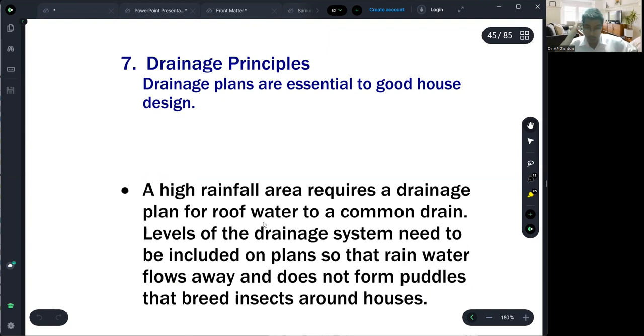It would create negative impact on the footings, on the foundation. For roof water to common drain, levels of the drainage system need to be included on plan so that rainwater flows away and does not form puddles that breed insects around houses.